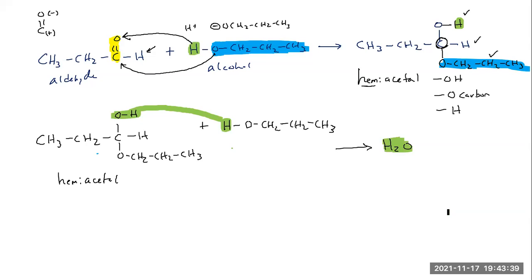So what does that mean? Well, it means that we have taken out OH from our structure on the left. And that means we could redraw it. I'm just going to redraw it on the bottom here. CH3, CH2, C, H, and this guy here.